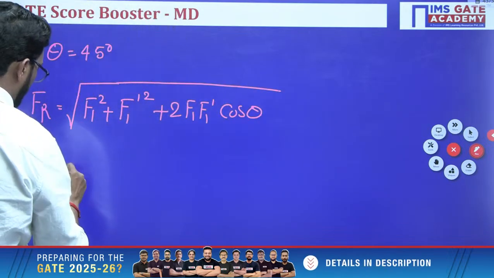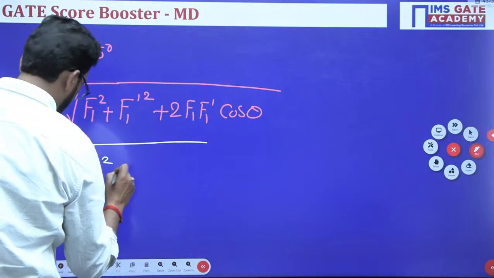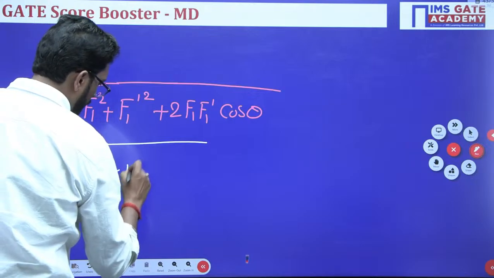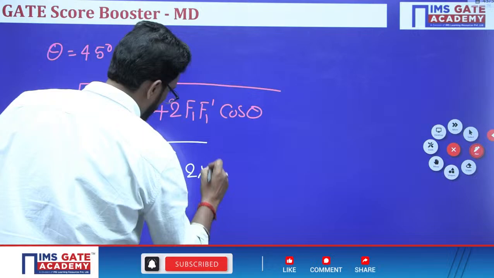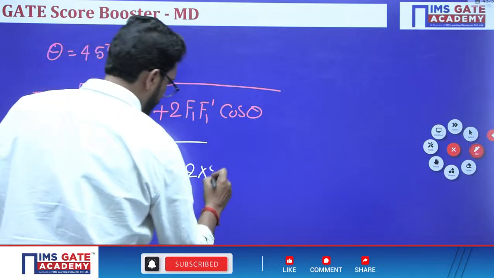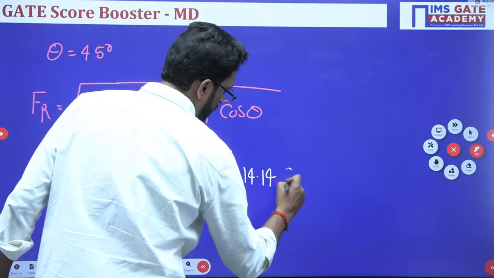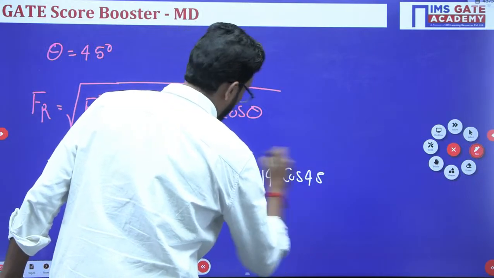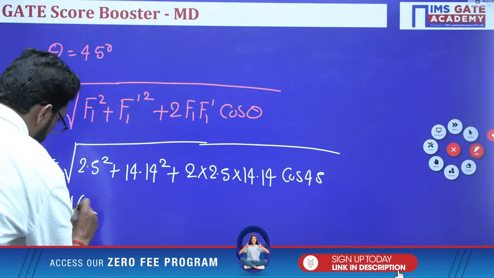Now primary force 2.5 square, secondary force 14.14 square plus 2 into 2.5 into 14.14 cos 45. If you write this one, this is your 16 kilonewton.